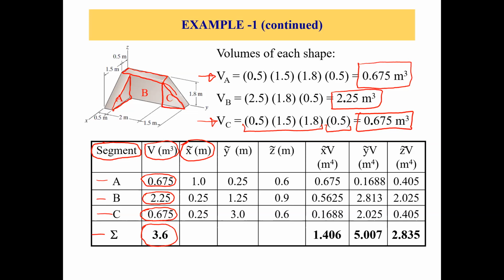Now for X bar, Y bar, and Z bar for part A. X bar is 1 meter. Why? Because from the origin, the X coordinate will be 0.5 meters plus 0.5 meters, so it will be 1 meter from the origin.